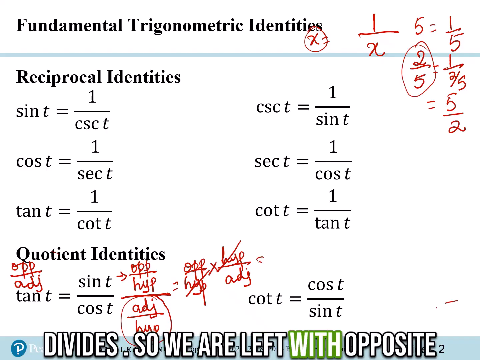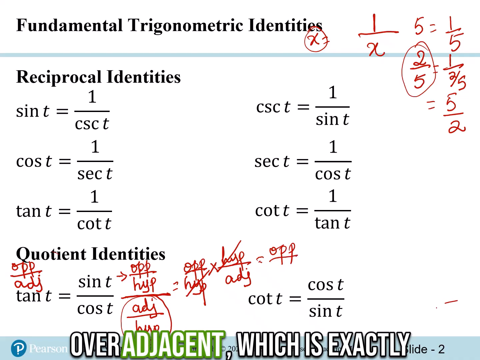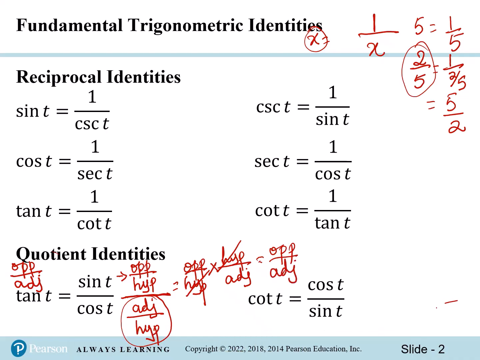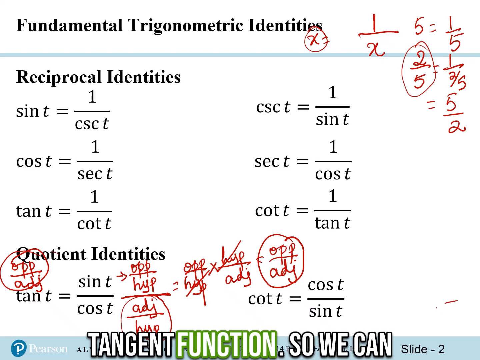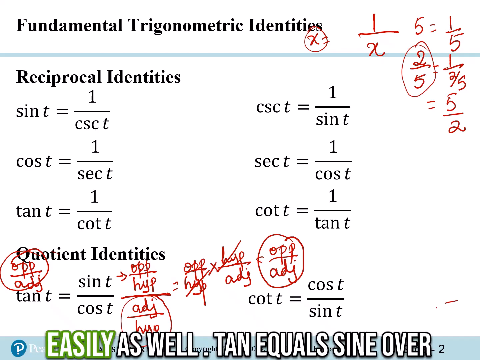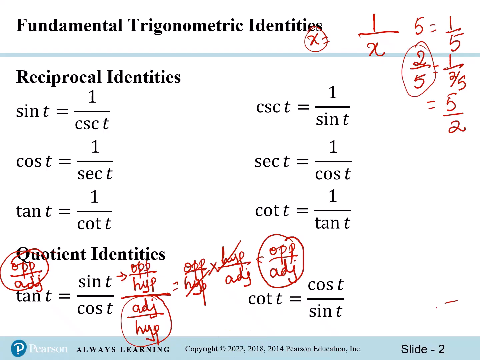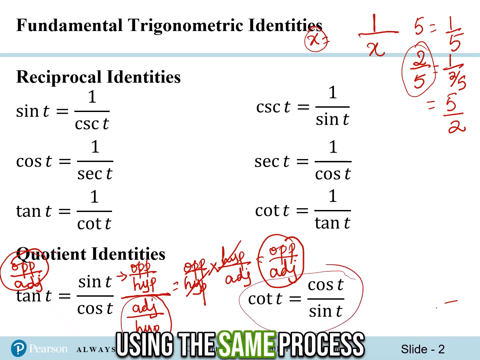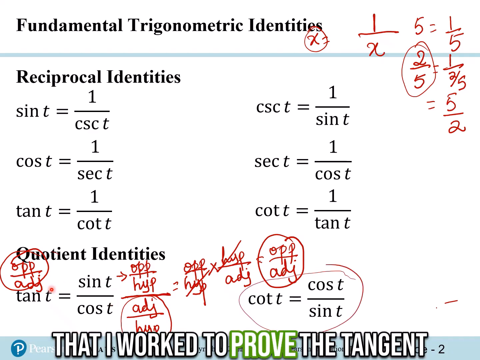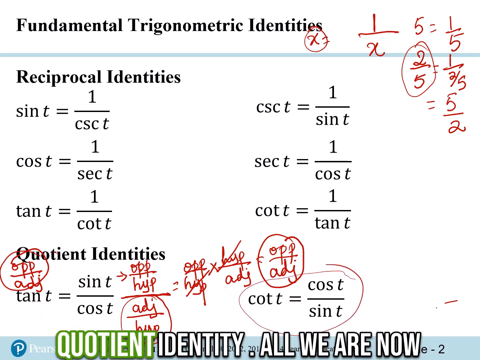So we are left with opposite over adjacent, which is exactly what we have as the definition of the tangent function. So we can remember this easily as well. Tan equals sine over cos, and cotangent equals cos over sine, and you can prove this using the same process that I worked through to prove the tangent quotient identity.